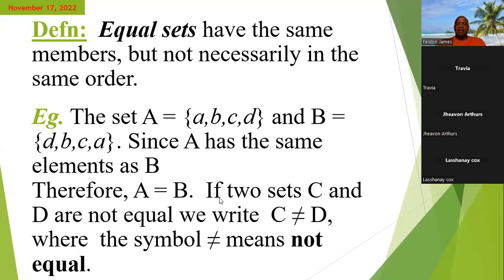Therefore, A is equal to B. If two sets, C and D, are not equal, we write a slash through the equal sign to mean not equal. Remember, whenever you have an operation or a symbol, putting a slash through it simply means you're saying not.